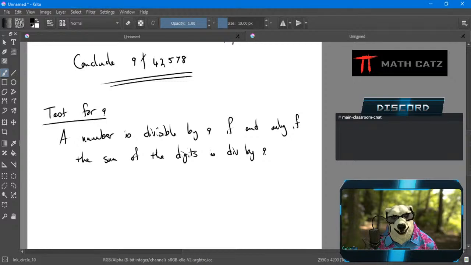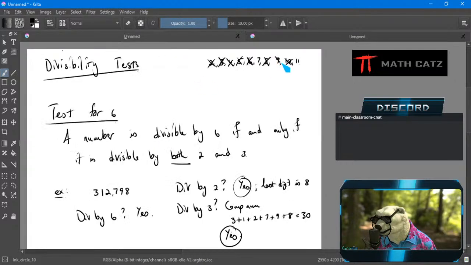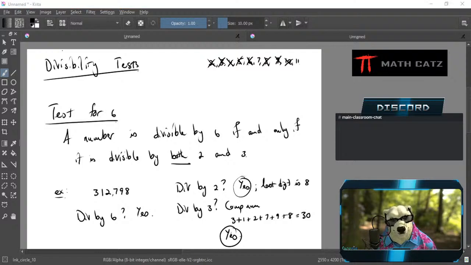Okay, so we're getting pretty far in this list. 9 is done as well. Next up is going to be 11. Now for 11, I just need to open our book, see if I have it here.